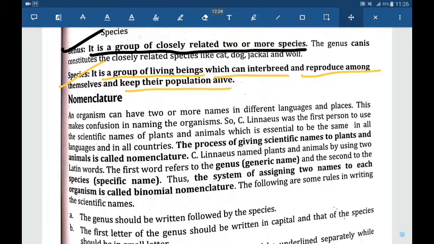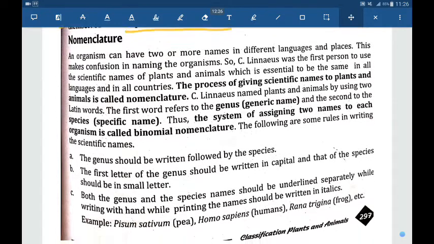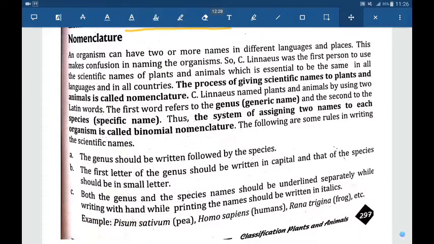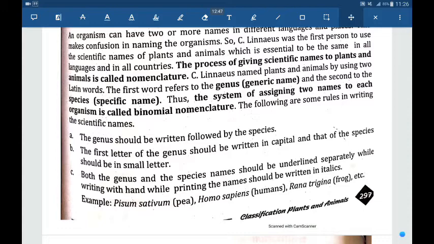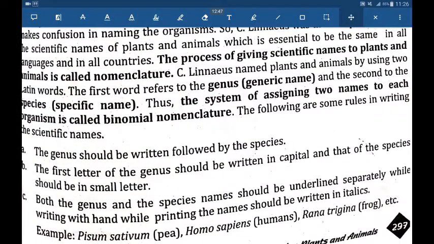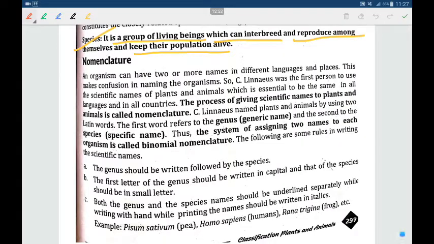Let's discuss nomenclature. When a baby is born, for 6 days they keep the name, isn't it? When they find some new organisms, immediately a name must be given, isn't it?